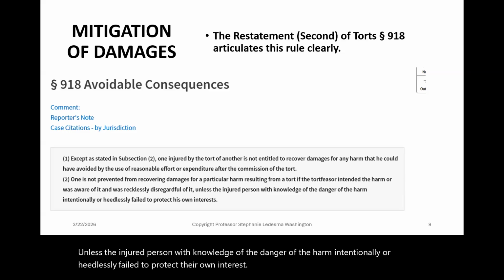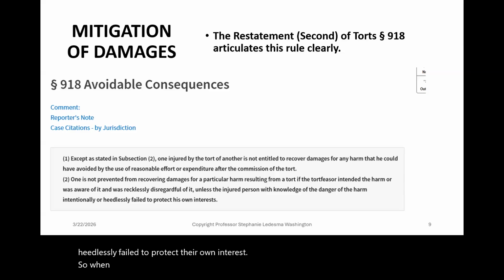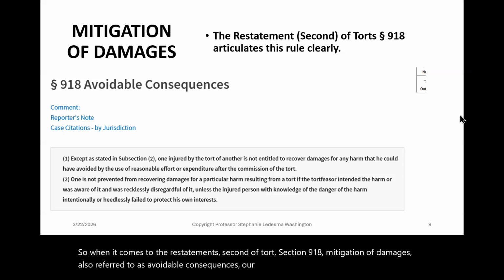So when it comes to the Restatement Second of Torts, section 918, mitigation of damages, also referred to as avoidable consequences, our primary focus is going to be on subsection 1.